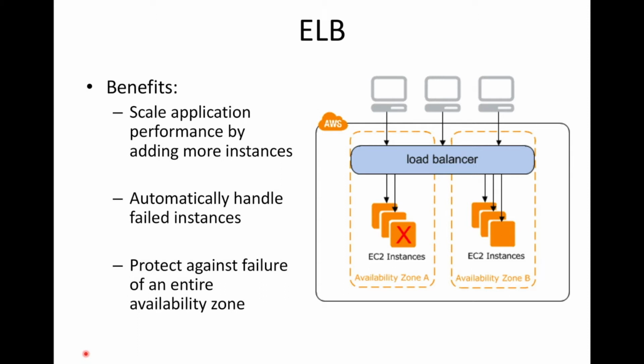The ELB is really beneficial in this sort of architecture because it allows us to elastically scale our services. We can scale up our services by adding more EC2 instances behind the load balancer. And then we can also scale down the service by reducing the number of EC2 instances to save costs in times where there's lower demand.